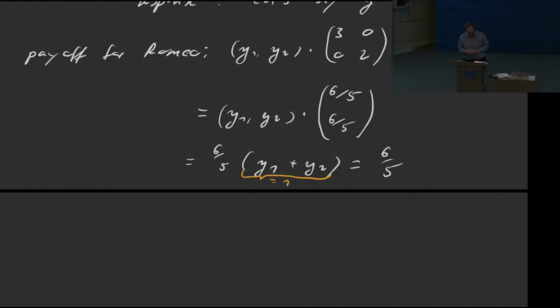What does that mean? Well, that means that the payoff for Romeo is completely independent of what Romeo does in expectation. Right? So no matter what response he chooses, Celia has already fixed the expected payoff completely. What does that tell us about choosing strategies for Romeo? Well, that means it doesn't matter. Every possible strategy that he could choose is a best response because they all have the same payoff, 6 over 5. There's no better option for him.